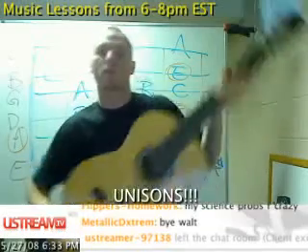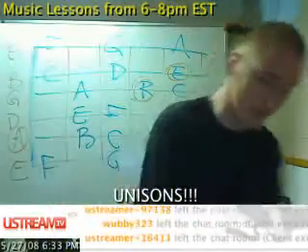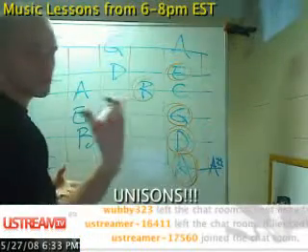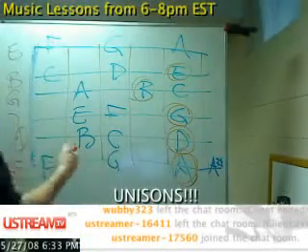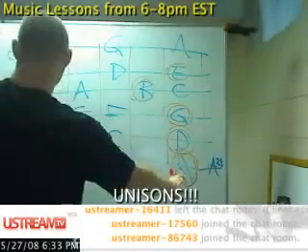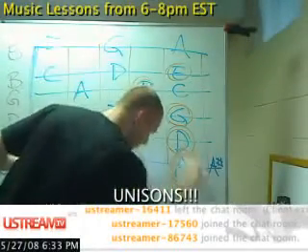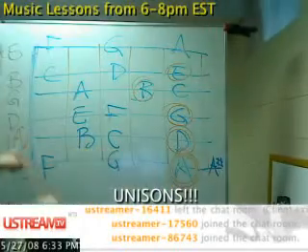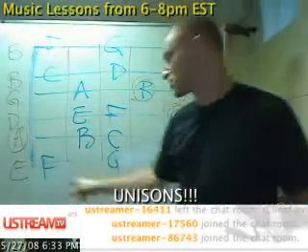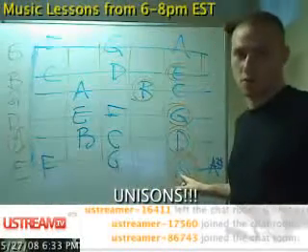Okay? You'll constantly see that. What that's doing is that they're using the unisons to their advantage. So here, check it out. They're saying this A is the same as this A. So I'm playing this A note on my low E string, and I'm tuning this string to this A.